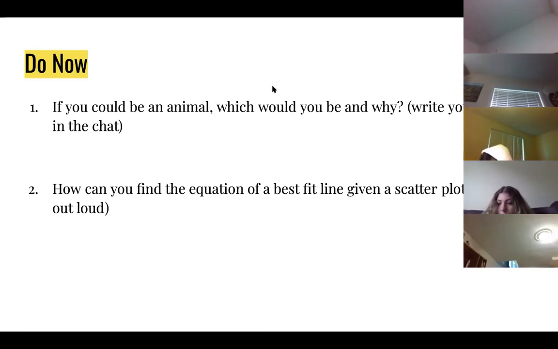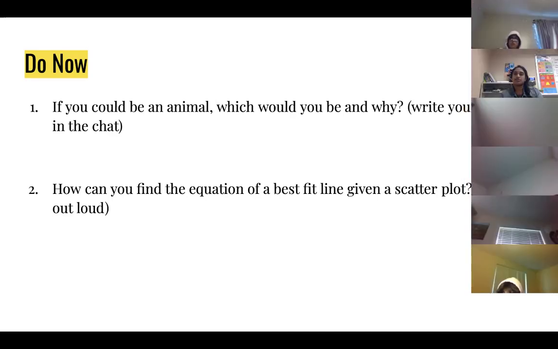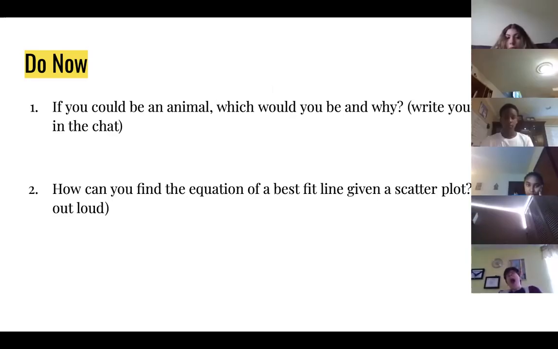All right, make sure to get your answers in the chat if you haven't already. And the second question, how can you find the equation of a best fit line given a scatter plot? What do you think the answer is? Amani, what'd you get for number 2?